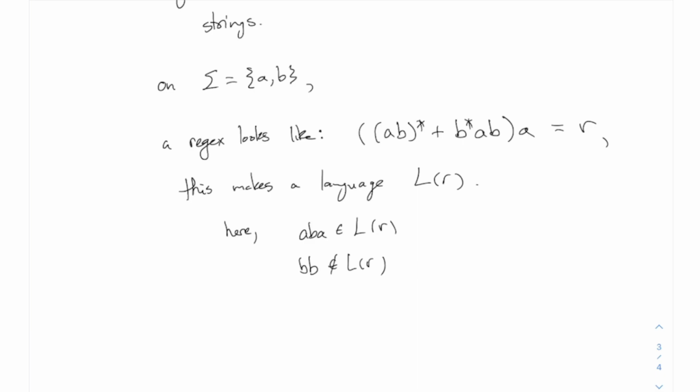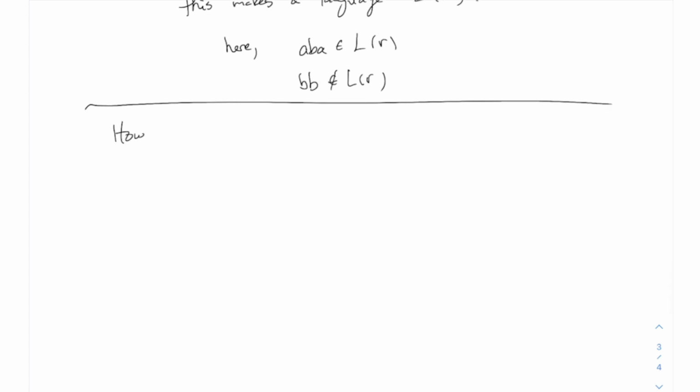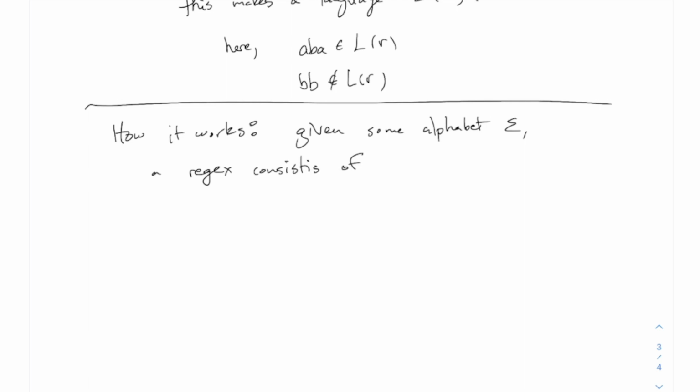All right, so here's the very basics of how it works. We basically just need to talk about what those little operations mean. Given some alphabet, sigma, a regular expression consists of letters, first of all, from the alphabet.